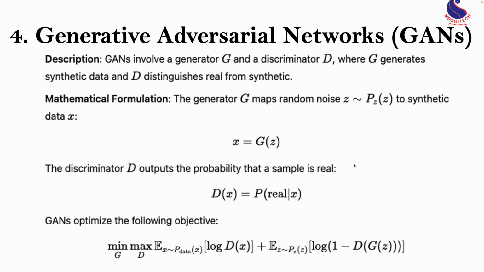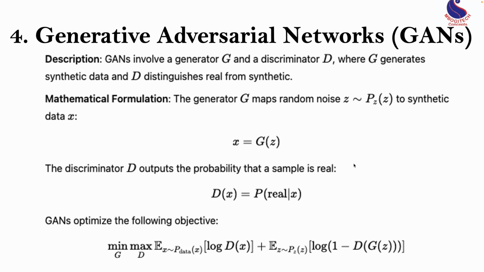Like I said, GANs involve a generator G and a discriminator D, where G generates synthetic data and D distinguishes real from synthetic. The mathematical formulation is that G maps random noise Z, approximately P of Z, to synthetic data X. So your X equals G of Z, generated by the generator.